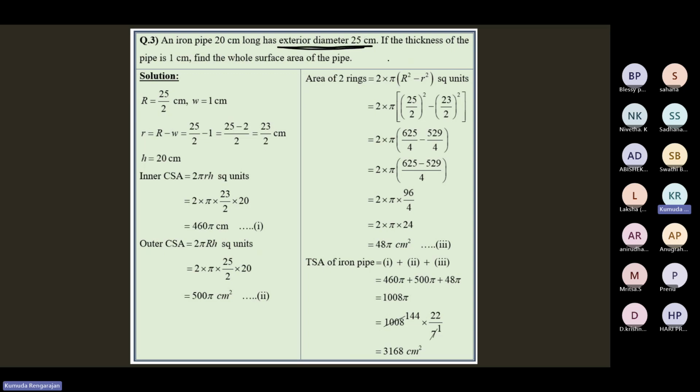So exterior radius, capital R, will be 25 by 2. 20 centimeters long means H is 20. Thickness 1 centimeter, W is 1 centimeter.